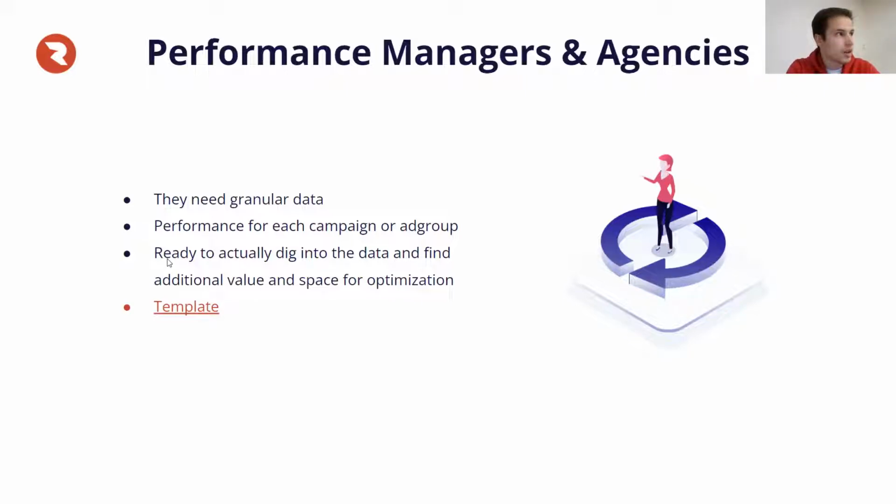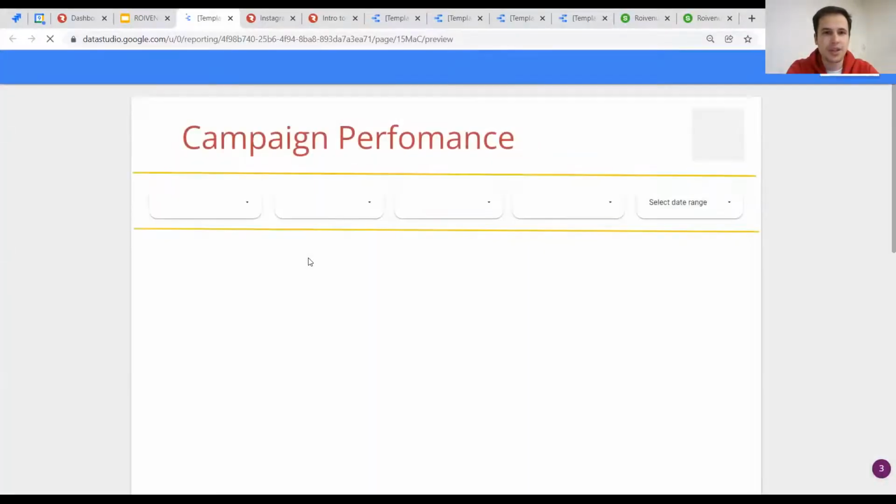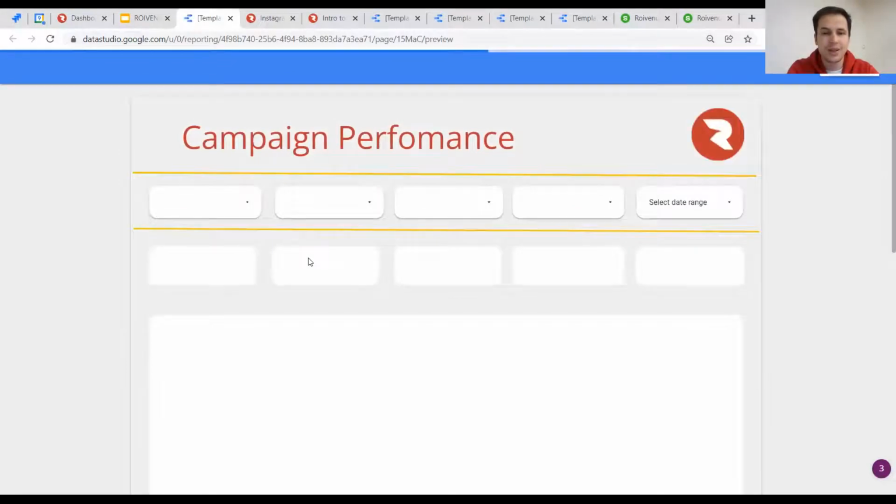So they actually need campaign data, sometimes even ad sets or ad groups data. And you probably need to have that in some sort of easy to read, easy to compare table. So for that, we have the campaign template. I have it pre-open here.